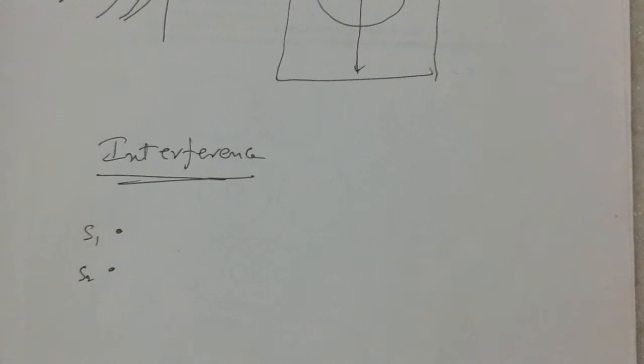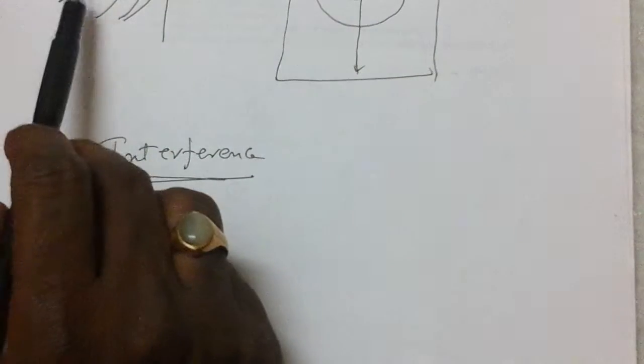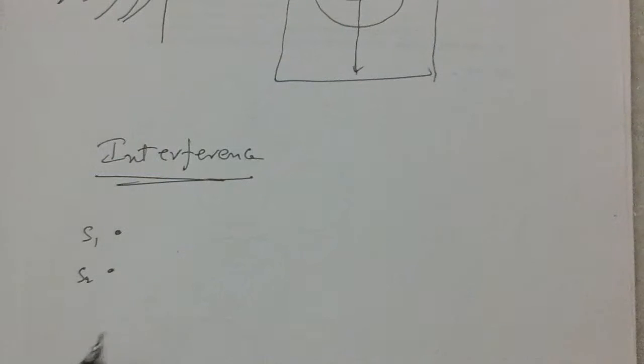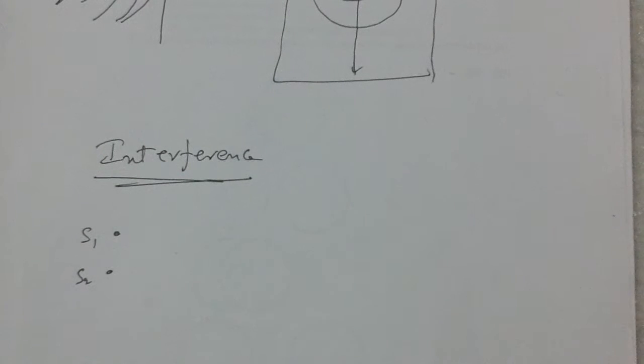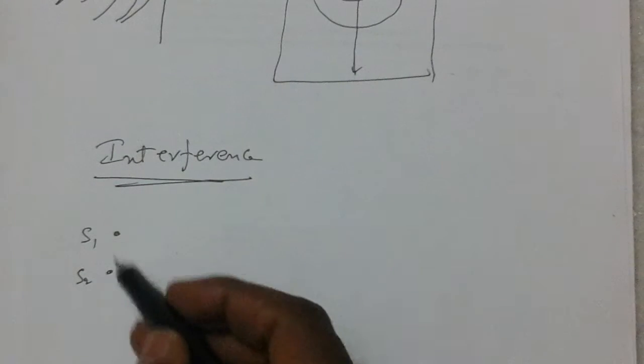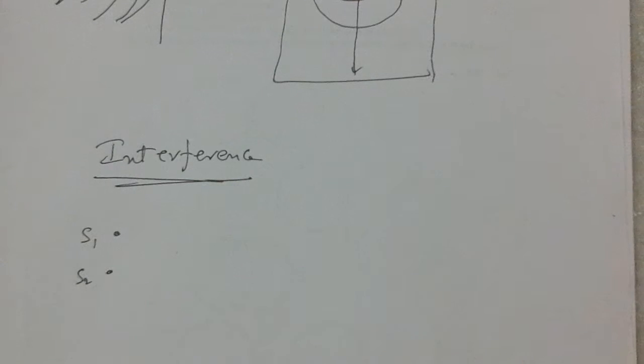Directly we have to take two coherent sources, not a single source. Here we had a single source, but here we should have two different sources. They should be coherent, meaning constant phase and the same, or nearly equal, frequency maintained. Then it is called coherent sources.